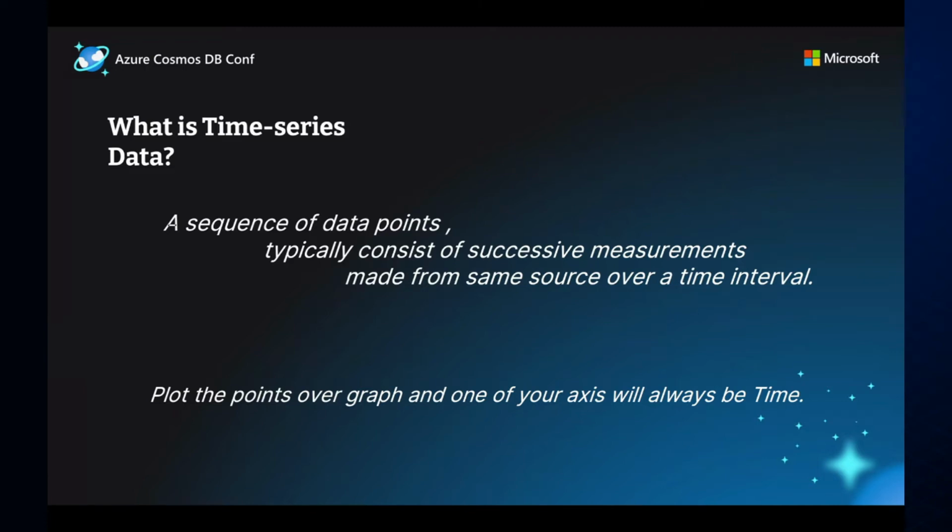You can typically call it data collected over time. One of the important things is there's no update and this data is continuously getting added at the defined sample frequency. When we plot this time series data on the graph, one of the axes will always be time, and the y-axis or the other axis will be the actual metric.